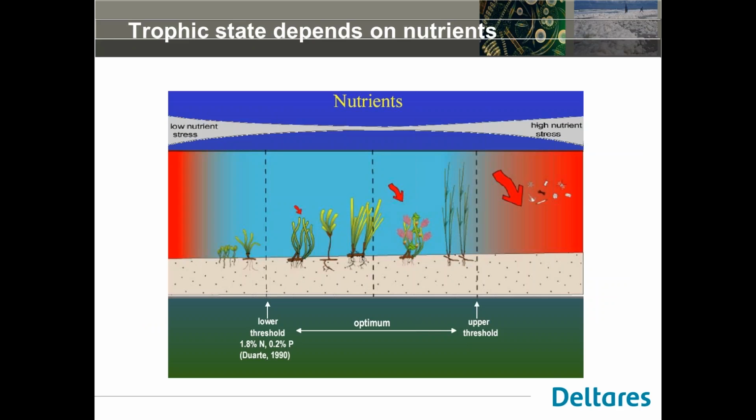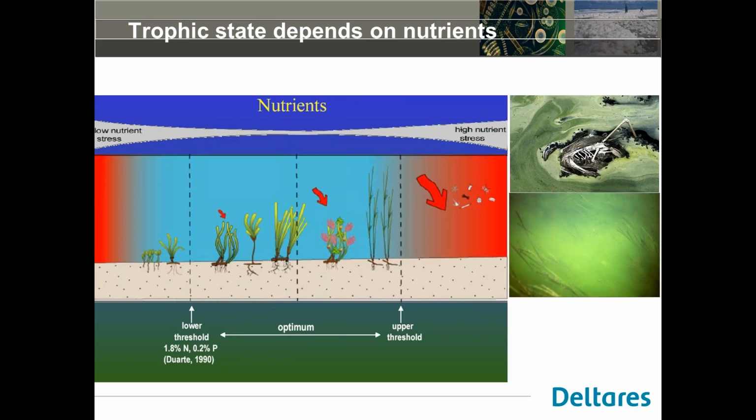And in the case of nutrients, there can be too little of them, in which case there is no productivity at all. There's an optimum range, and there can be very high levels of nutrients, which leads to all kinds of problems as shown in these photographs, which is actually one of the main reasons why phytoplankton models are very often employed and receive so much interest.